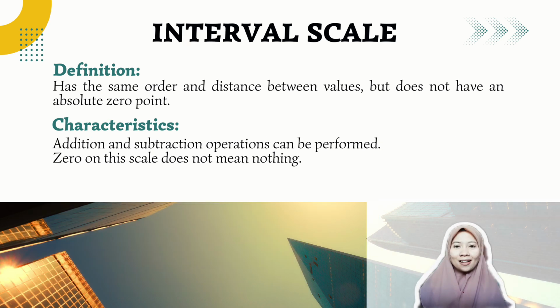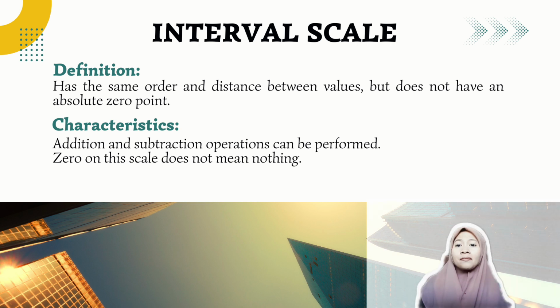Next, interval scale. An interval scale is a type of measurement scale that provides information about order and also has equal spacing between values. That is, the difference between 20 and 30 degrees Celsius is the same as the difference between 30 and 40 degrees Celsius.